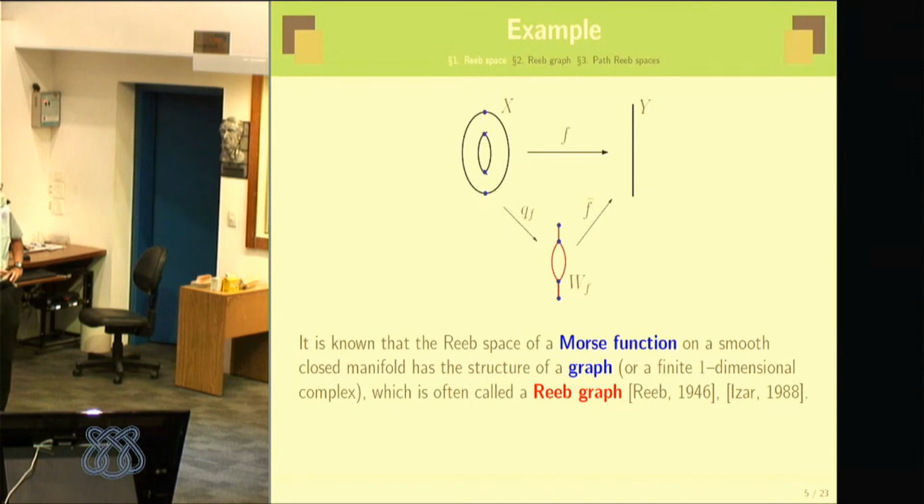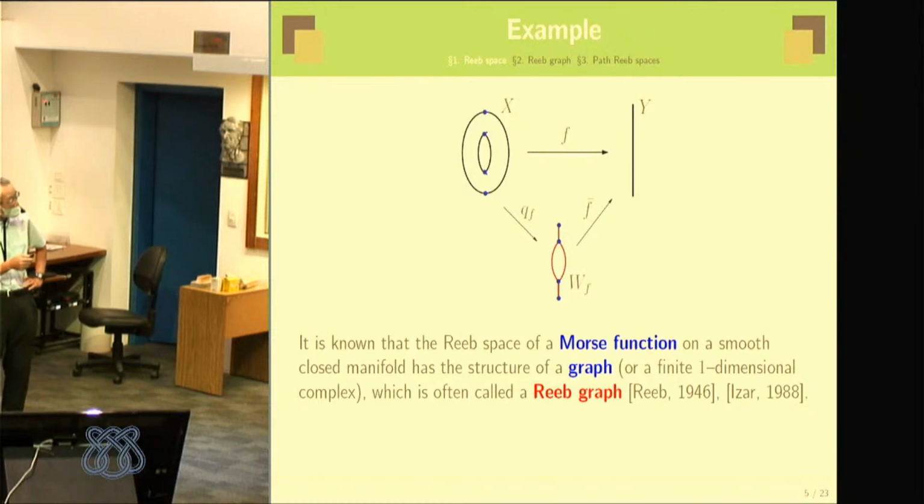Okay. And it is known that if you have a Morse function on a compact manifold, then the Reeb space has a graph structure. And it is mentioned in Reeb's paper in 1946, but no proof. And as far as I know, there is a rigorous proof in Sebastian Izar's master thesis. He used to work in Rio Preto, and it was his master thesis, and there is a very rigorous proof there.